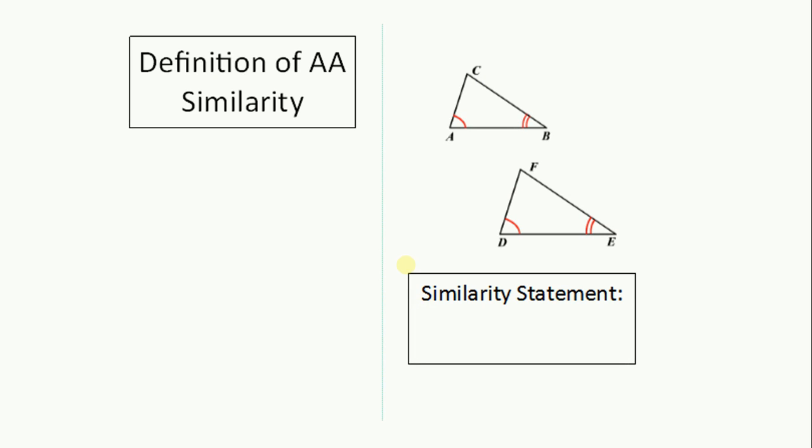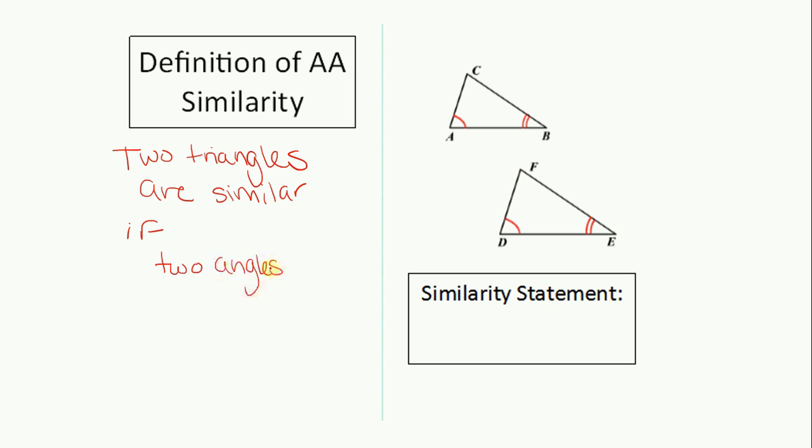So the definition of AA similarity, what does that mean? Well, what it means is you can call two triangles similar if two angles are congruent. So if only two angles are congruent, we can call the two triangles similar.